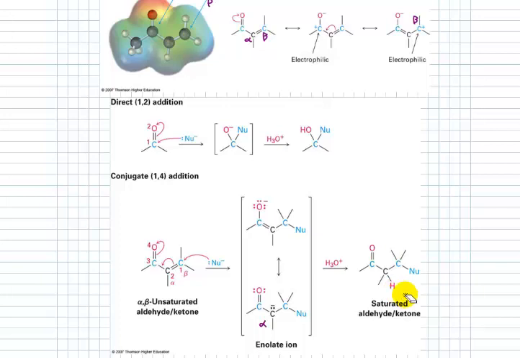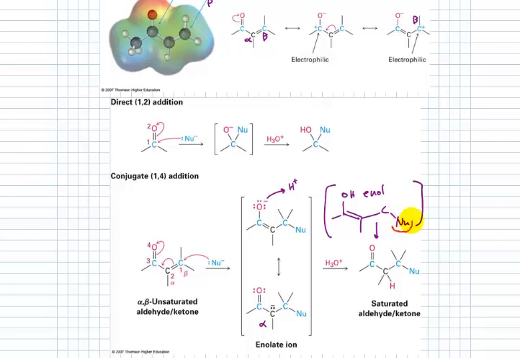You could think of it, if you wanted, as forming an enol, OH, right? Something like that. But enols are not isolated. So if you like to think of an enol as forming, that's fine. That's actually how we get the name 1,4 addition, right?